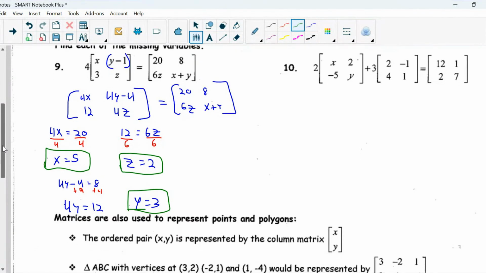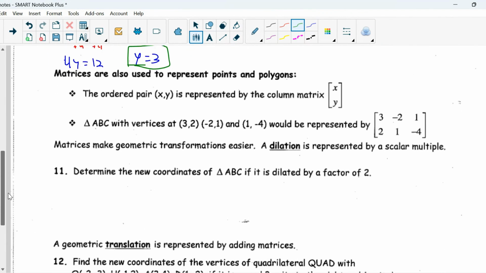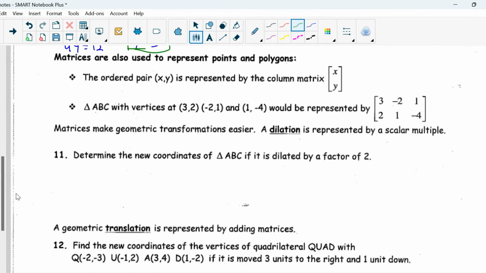And the final thing we need to talk about is that matrices are also used to represent points and polygons. So the ordered pair xy can be represented by this column matrix x over y. Okay? Same with if we had a polygon like triangle ABC. With these vertices, you will see the vertices are represented the same way.